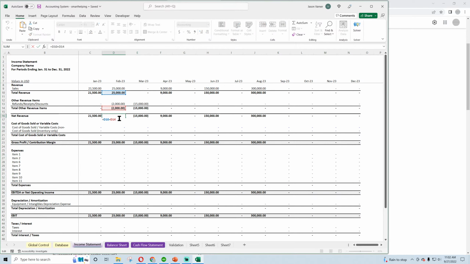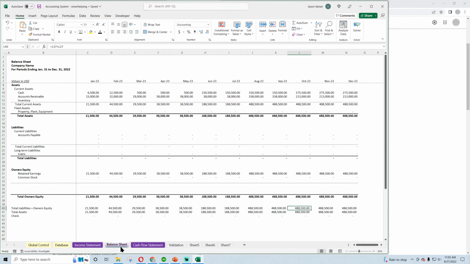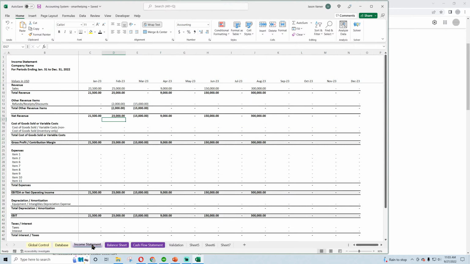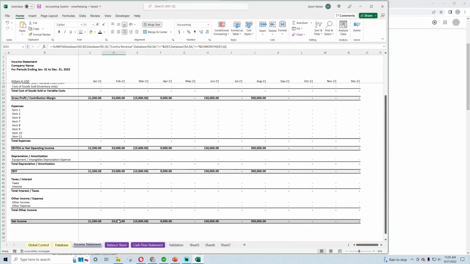Let's make sure this is working right. Okay. Now, for Contra Revenue, I don't believe we need to go anywhere else. It's just like an expense. It doesn't have a double side to the accounting entry. It's just affecting net income, which is going to reduce.